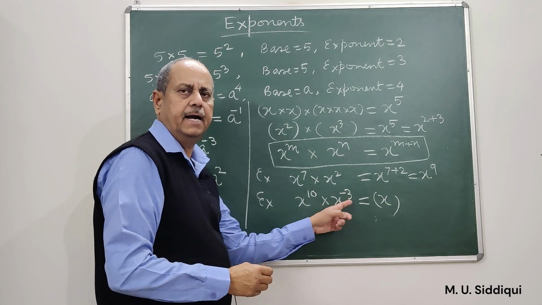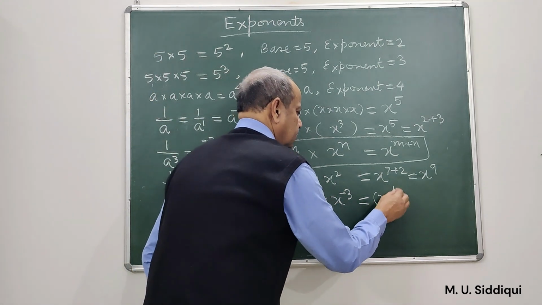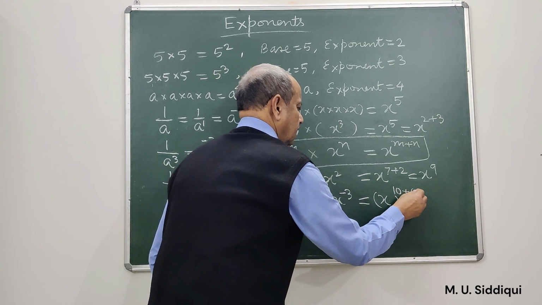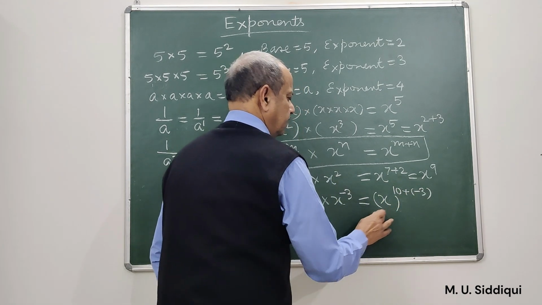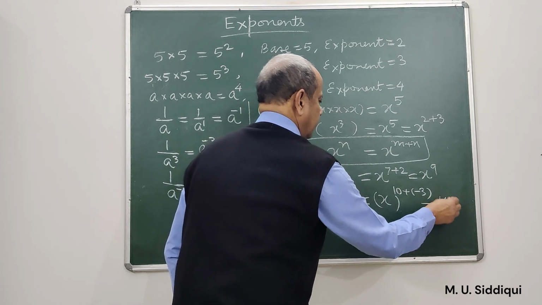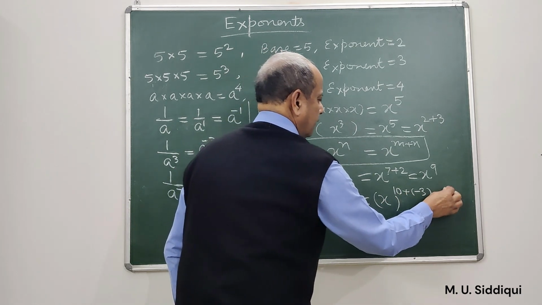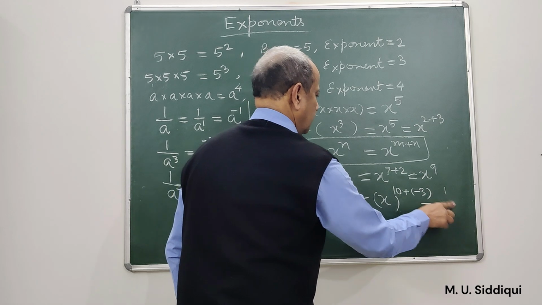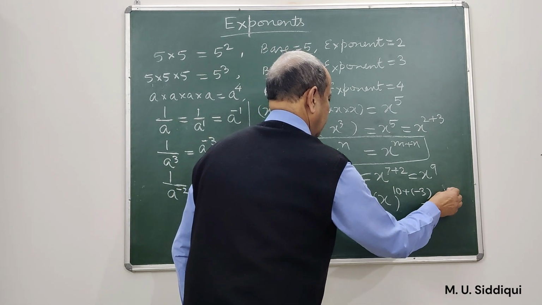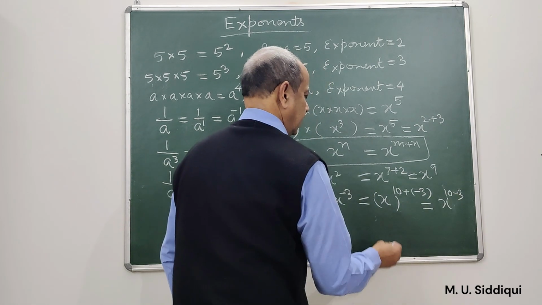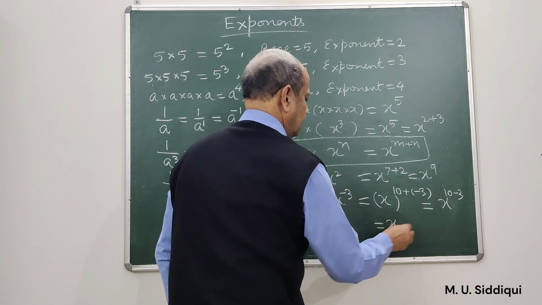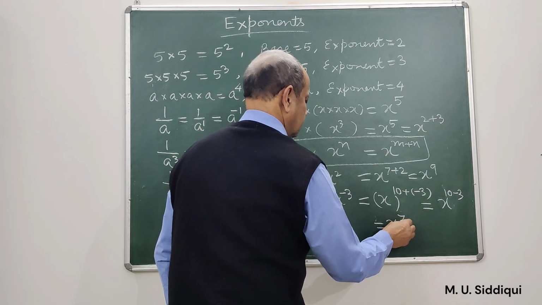We have to add this 10 and minus 3. You will write it as 10 plus minus 3, that is, x raised to power 10 minus 3, and finally that will come to be x to power 7.